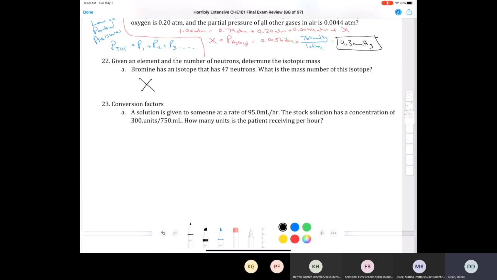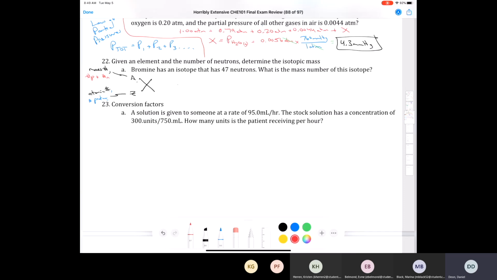When I have an element, if I have a number down here, this is my atomic number, and atomic number is the number of protons. If I have a number up here, this is my mass number, and mass number is the number of protons plus the number of neutrons.